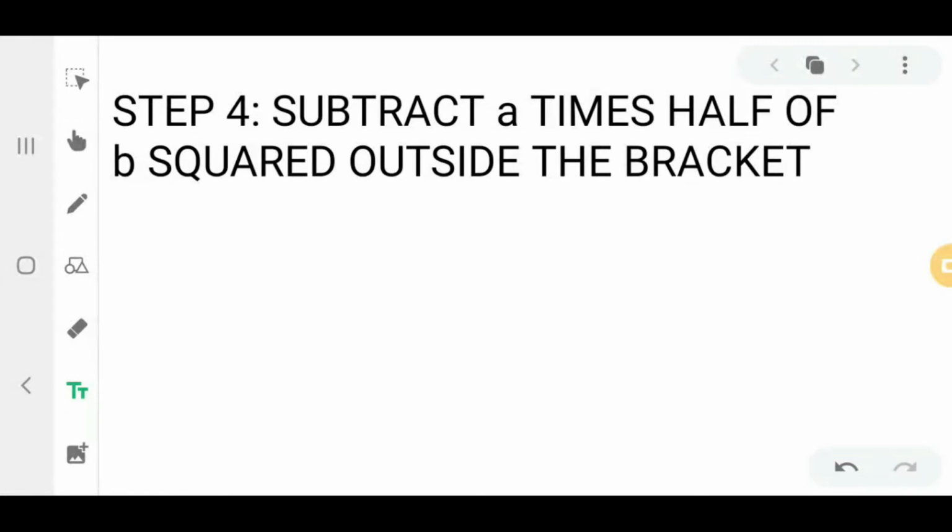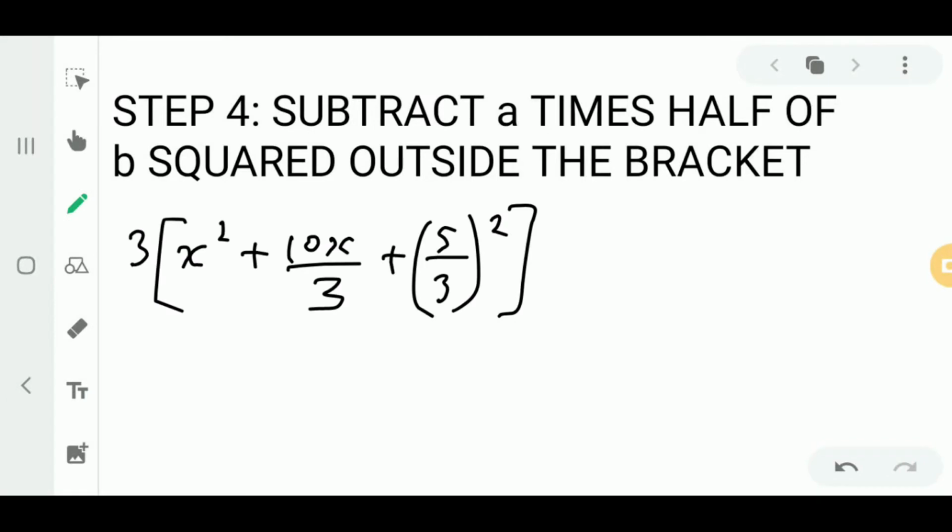Step 4 says subtract a times half of b squared outside the bracket. So remember, a was 3, and we're multiplying 3 by half of b squared. Half of b was 5 over 3, so this was from step 3. So now we're going to include step 4, and we had minus 8.